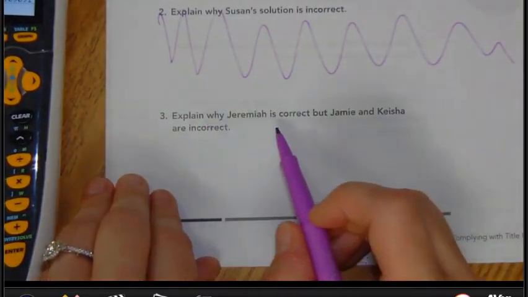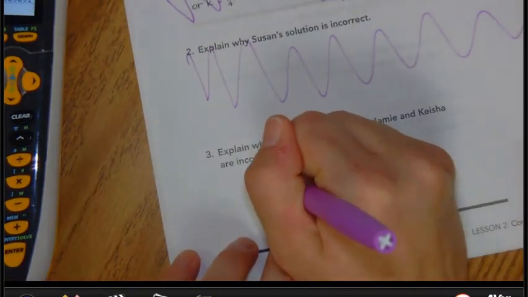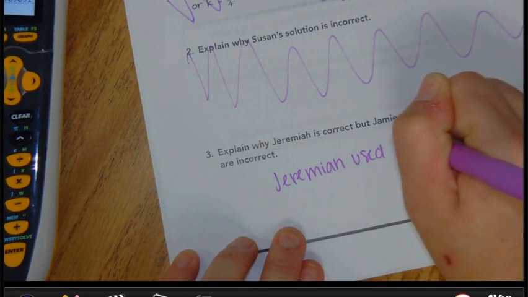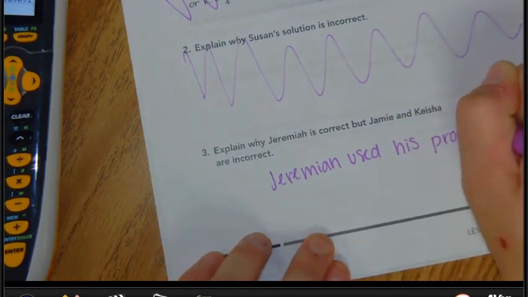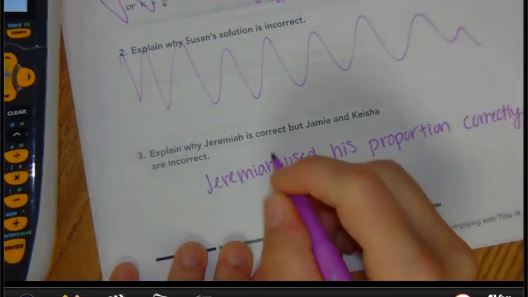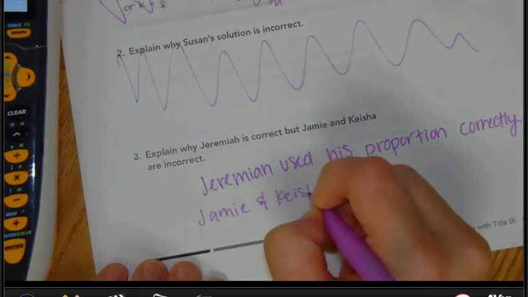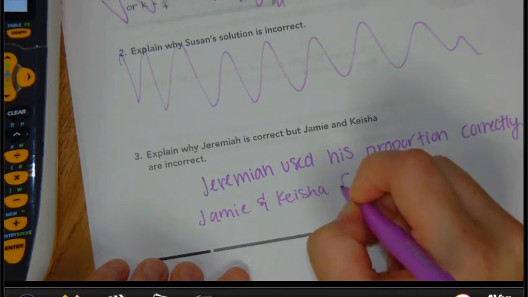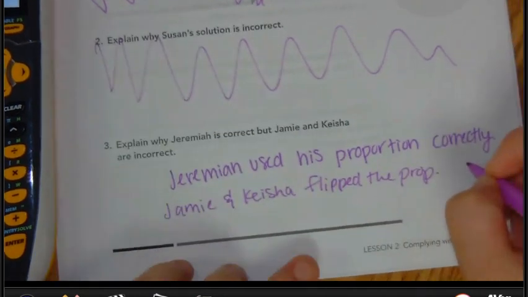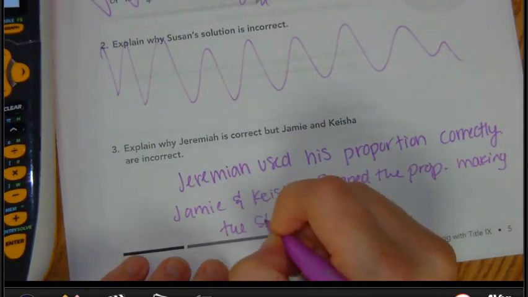So number 3 is asking, explain why Jeremiah is correct, but Jamie and Keisha are incorrect. Well, we just said that. We said that Jeremiah used his proportion correctly, whereas Jamie and Keisha flipped the proportion, making the statement untrue.